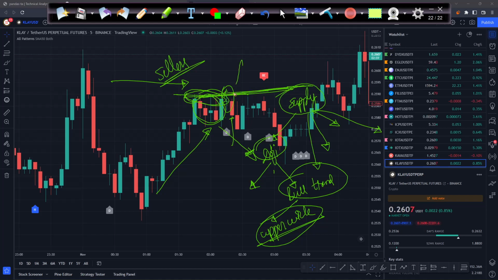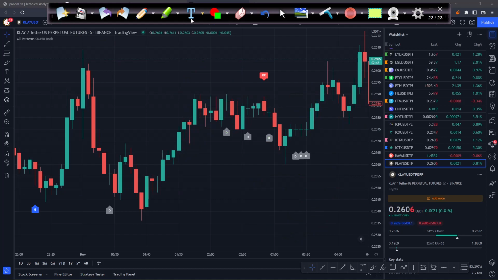And if we see a doji forming near resistance, then that's a good sign to go short. If we see a doji forming near support, then that's a good way to go long. So that's what it's doing, and that's what we want to learn from it and teach that system.